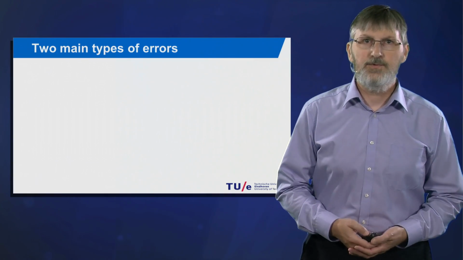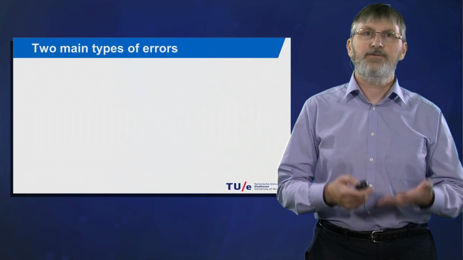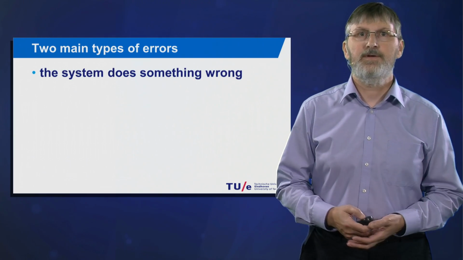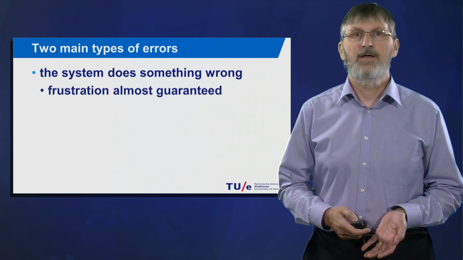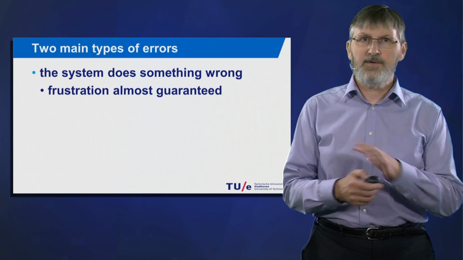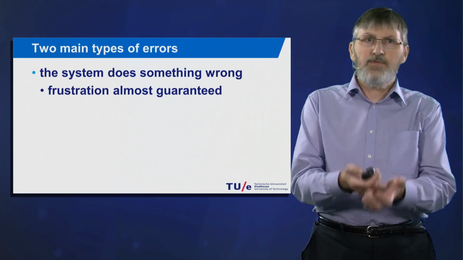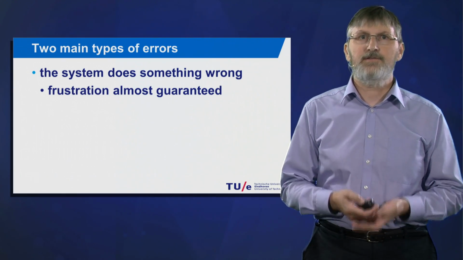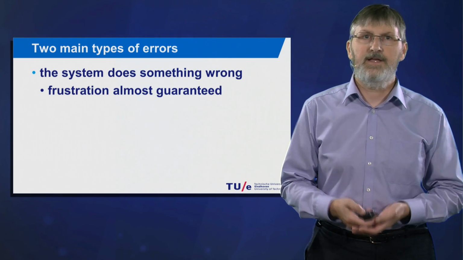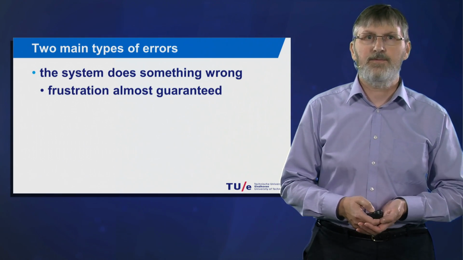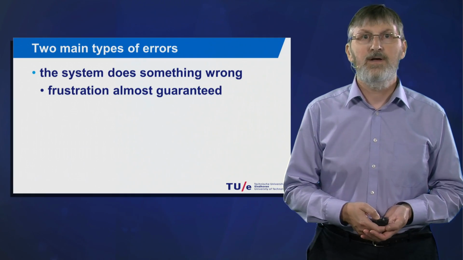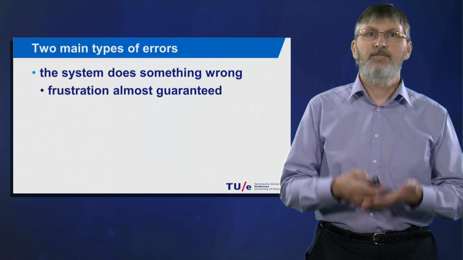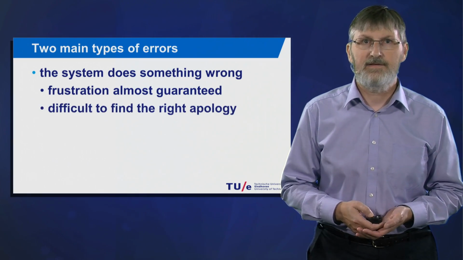There are mainly two types of errors, of which we in fact have seen the first one, which is that the system does something wrong. Frustration is almost guaranteed when you try to do the right thing and the reaction of the system is completely wrong, like getting an access denied for something you should have access to, or when the system crashes even though the hardware is still intact.